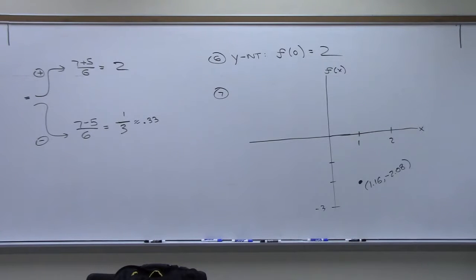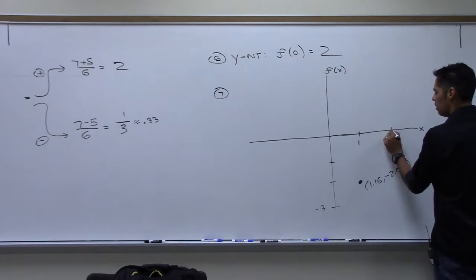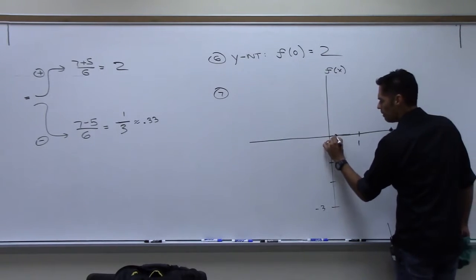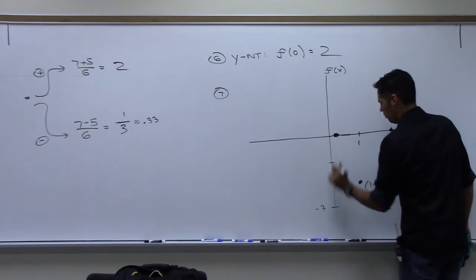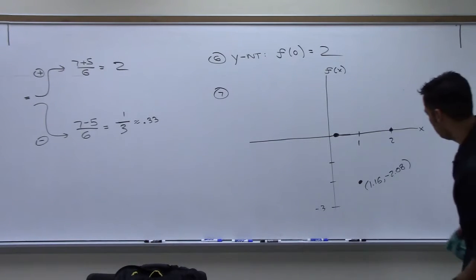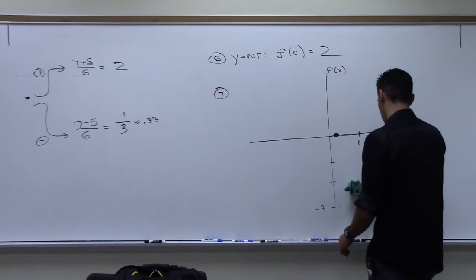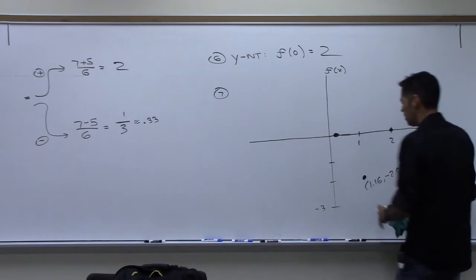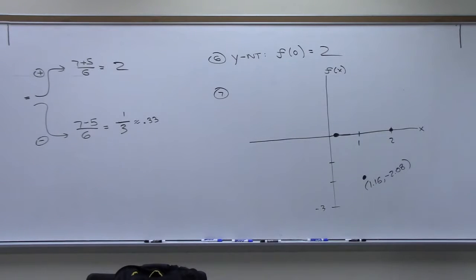All right, next thing on here. X-intercepts, which were 2 and 0.333 right here. Sorry, I'm going to move this over just a little bit. It looks different from this angle than it does straight on.